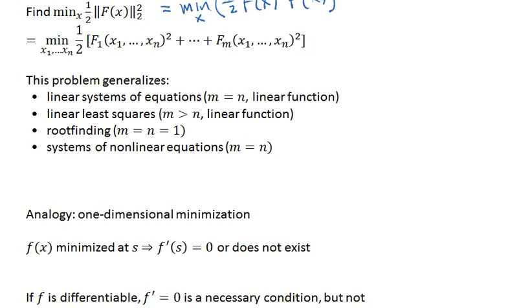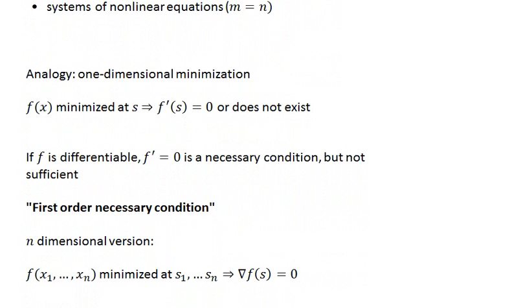So again, we have to minimize something rather than setting it equal to 0, but everything is linear. If everything is nonlinear, but there's only one variable and one constraint, it's root finding. And if everything is nonlinear, but there are the same number of constraints as variables, then we have a system of nonlinear equations. So all of these different types of problems are, in some sense, a special case of this one. However, they're so special and so important that they have their own methods of being solved.